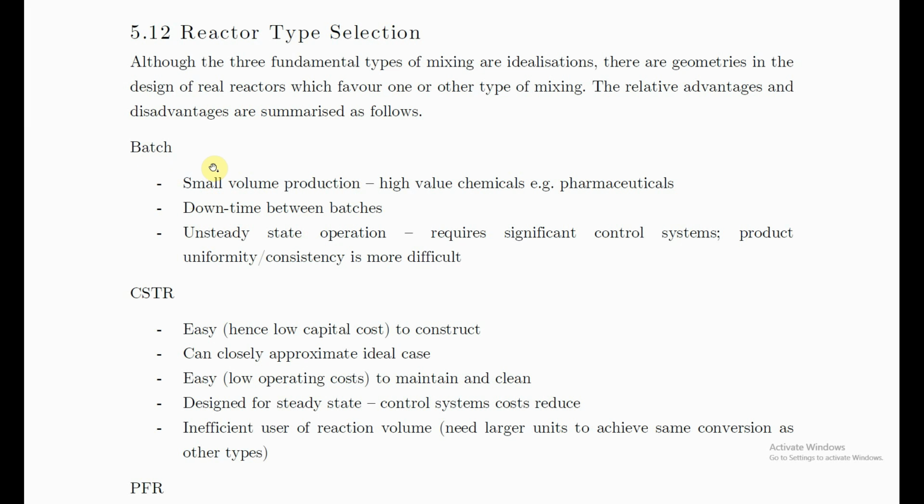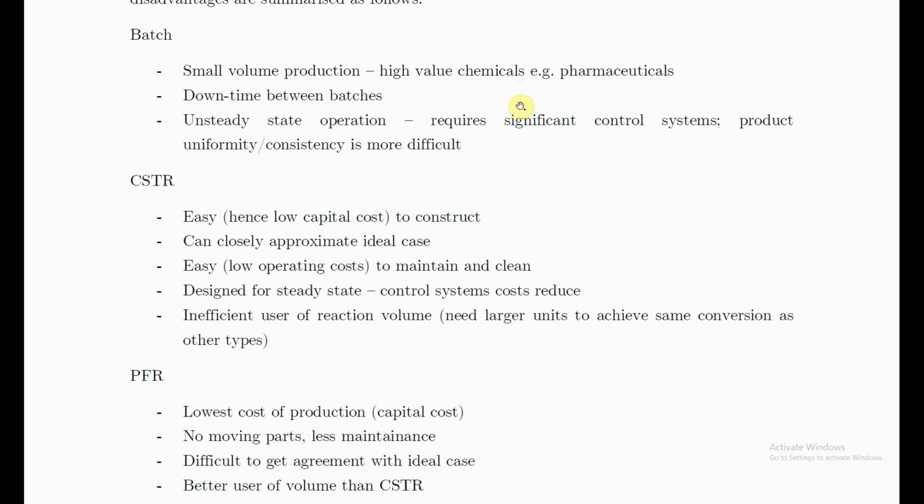So in a batch reactor, you deal with small amounts, but you can precisely control the conditions. And so you can get high purity products and highly controlled growth. And so a batch operation is suitable in a pharmaceuticals type application. And there you have to deal with unsteady operation and so on, which is something we will do.